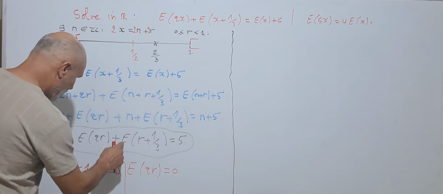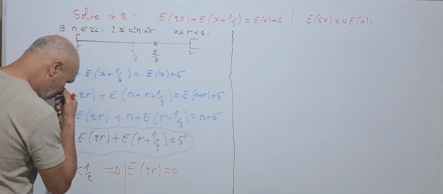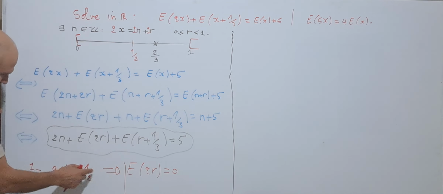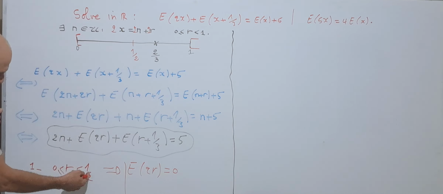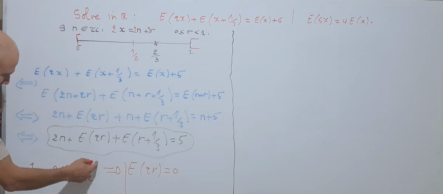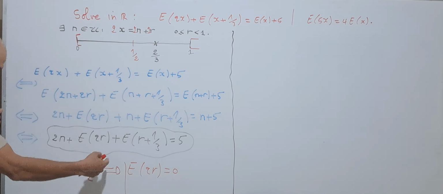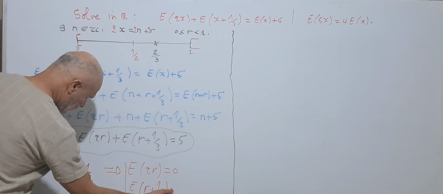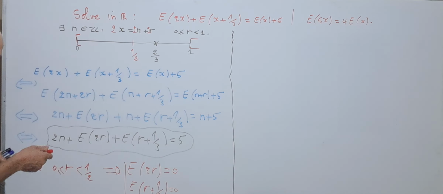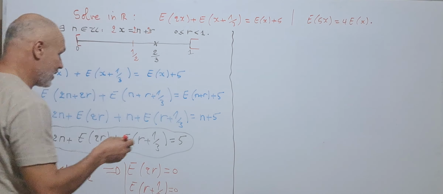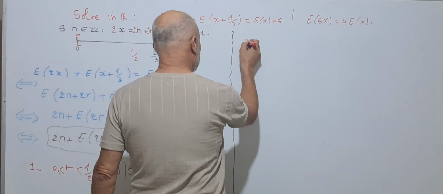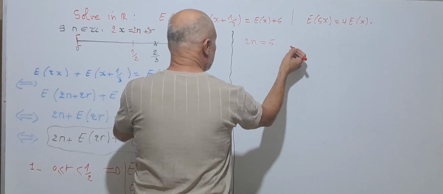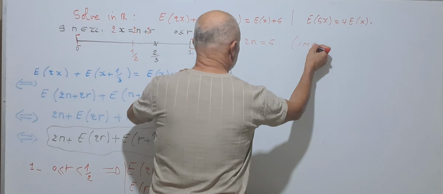And for the integer part of r plus 1 over 3: 1 over 2 plus 1 over 3 is 5 over 6, which is strictly less than 1, so it is 0. So for the first case, the equation takes the form 2n equals 5, which is impossible.